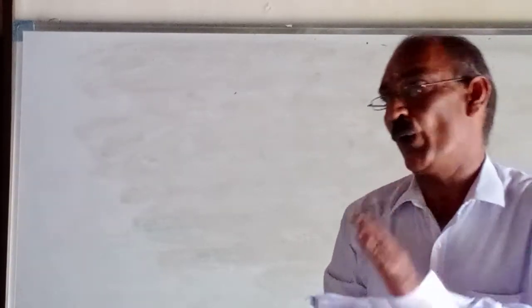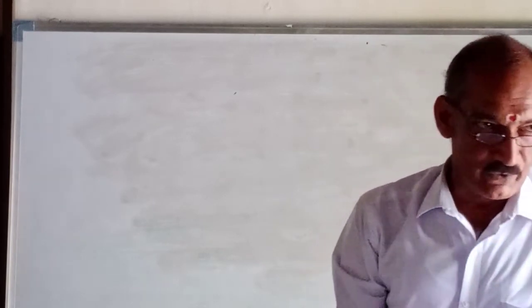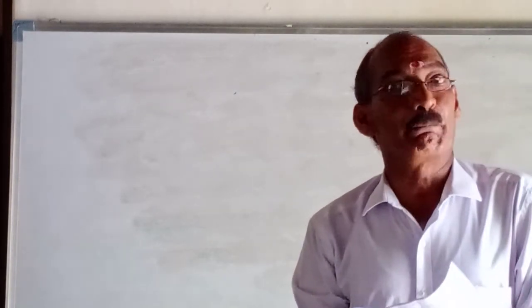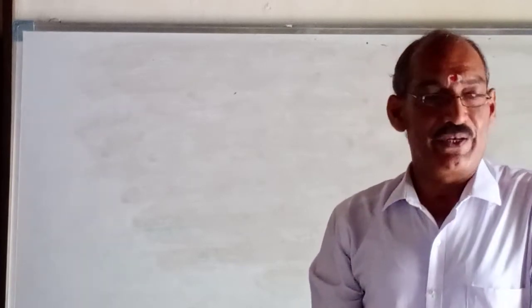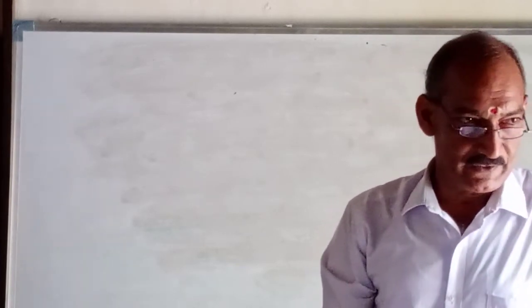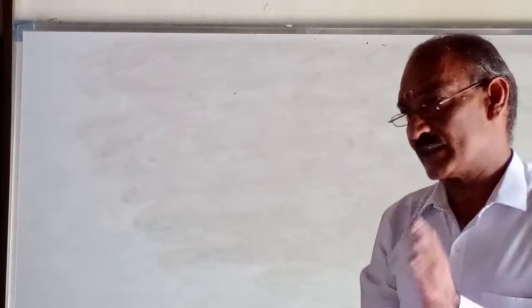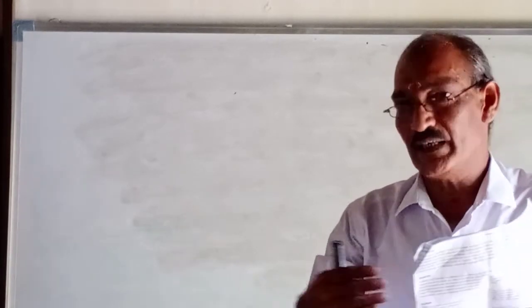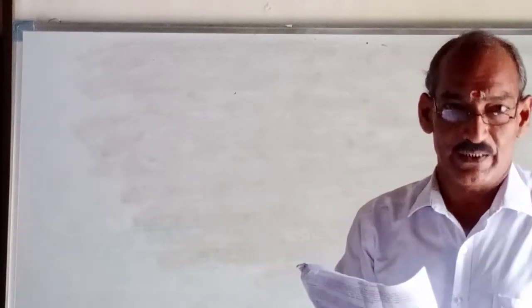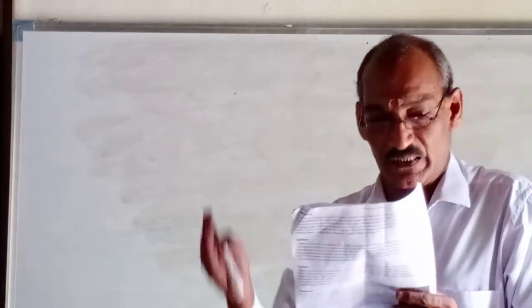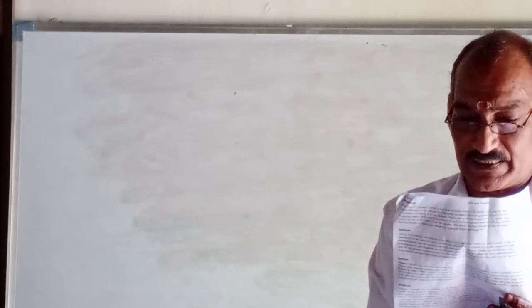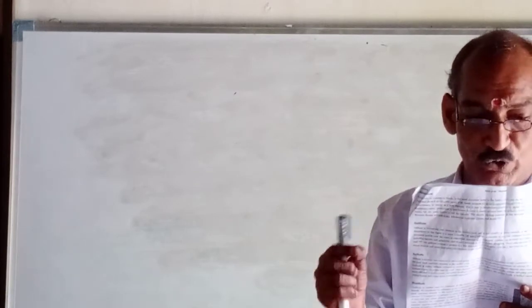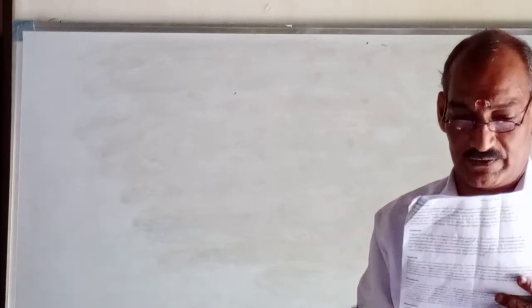From that part you know the concentration of solutions: parts per million, parts per billion, molarity, mole fraction, molality, etc. So they can relate these two chapters and ask a problem. That is this problem.